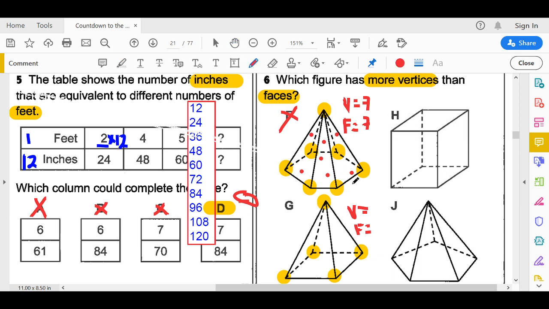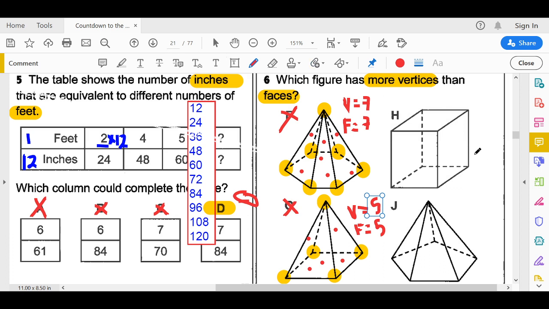So I have 5 vertices. And let's see how many faces. 1, 2, 3 on this side, 4, and the base, 5. So it has 5 and 5. Again, it does not have more vertices than faces.